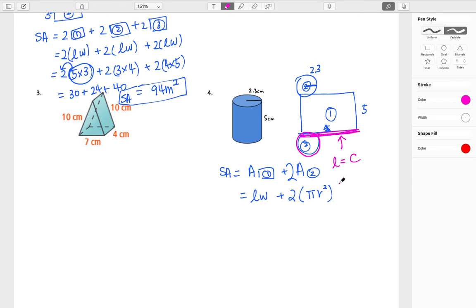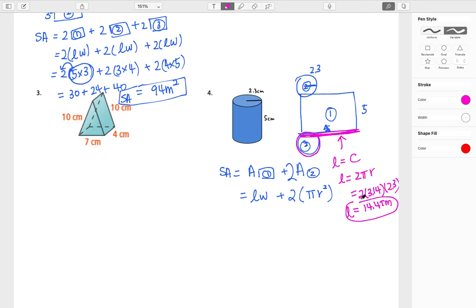The formula for the circumference of a circle is 2 pi r. So 2 pi is 3.14 times the radius, 2.3. When you multiply all together, you will get 14.4 centimeters. So that will be the length of the rectangle.